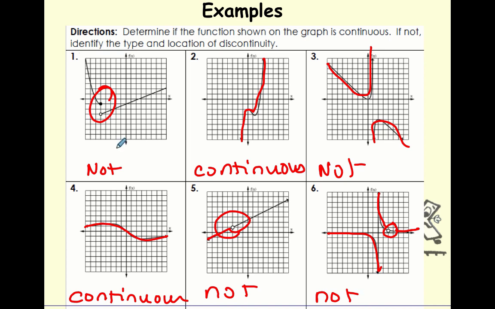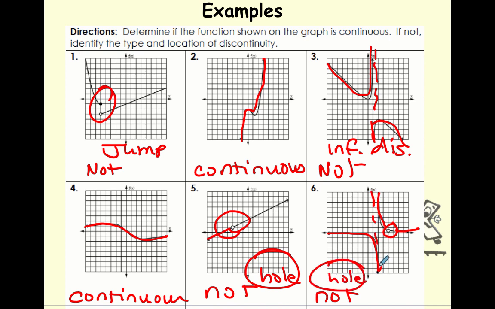So right here, it was a jump. Here, I have that vertical line where they're approaching. So this one is infinite discontinuity. I'm going to abbreviate. This one just had a hole, and this one had both a hole and it also has that vertical discontinuity. So it's infinite discontinuity as well.